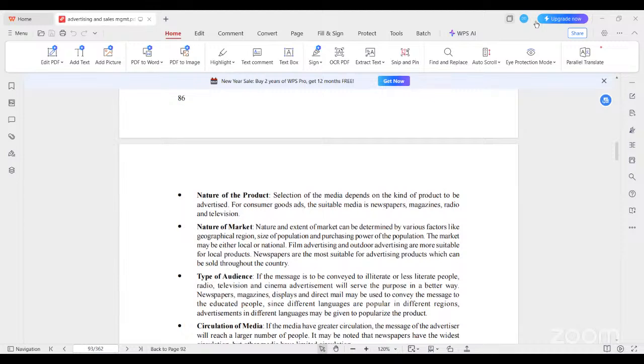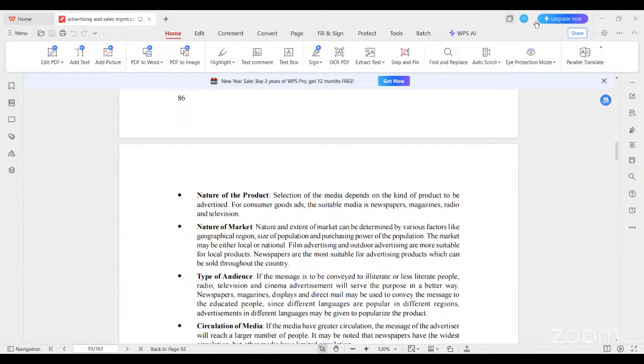Is there any particular time when they are buying, doing shopping most, like that we have to understand the customer behavior. Understanding all these is called customer analysis. It is a total critical analysis that the advertisers or organizations have to do.